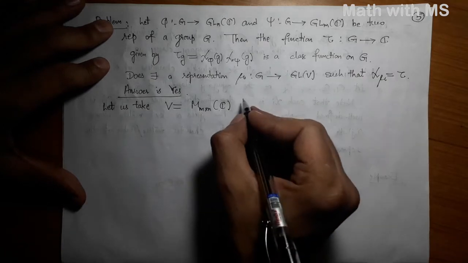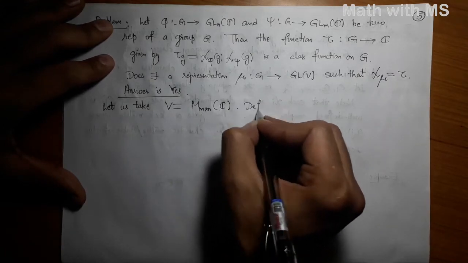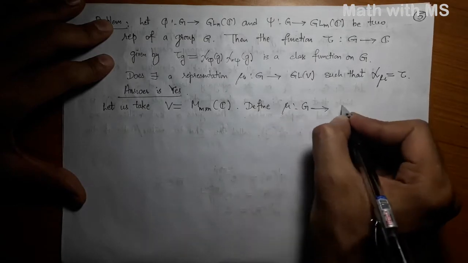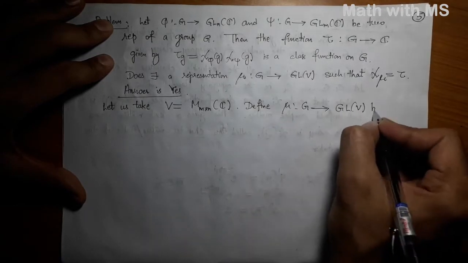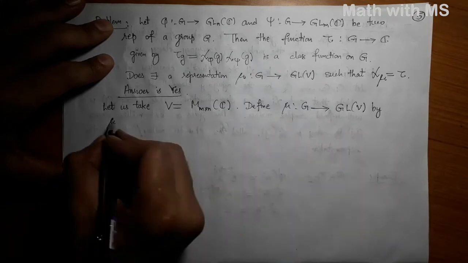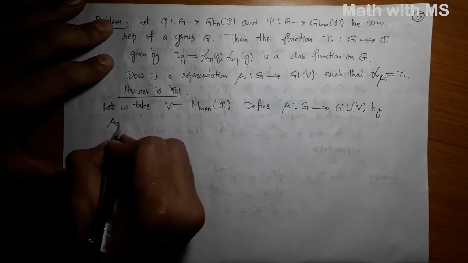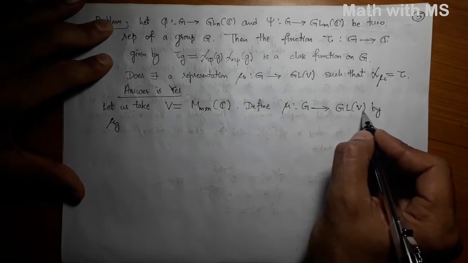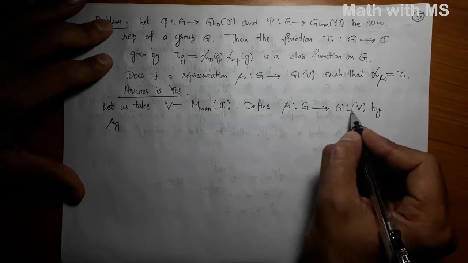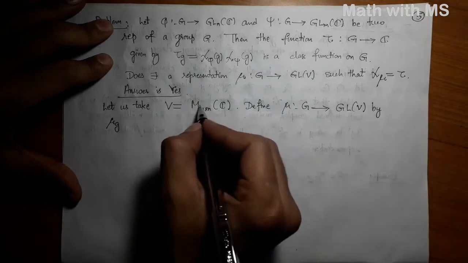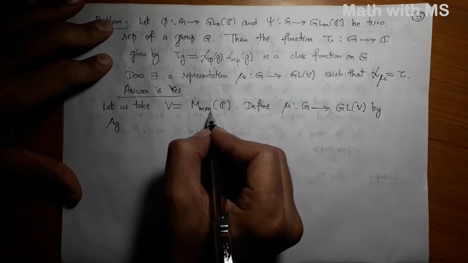Okay, and define mu from G to GL(V) by the following rule. So mu will take a group element, and it should be an automorphism of this vector space. To be an automorphism of this vector space, it has to act on vectors of V, but vectors of V are m by n matrices.